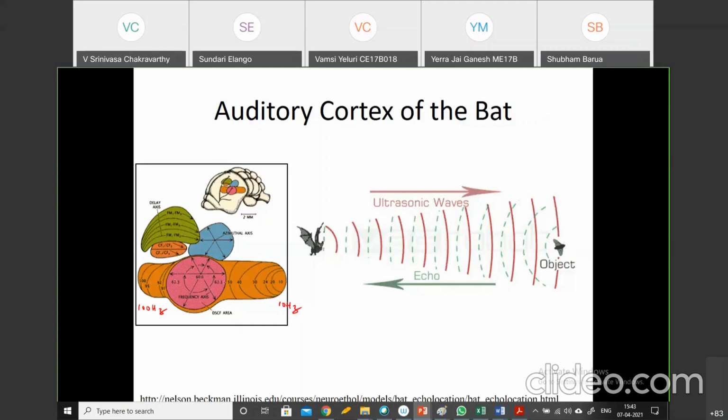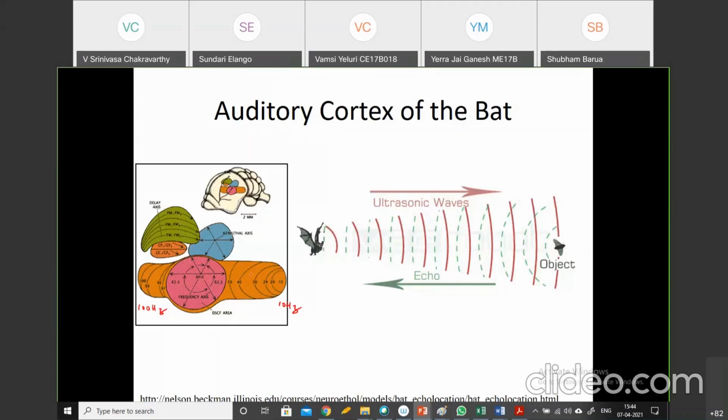So on the flanks, the representation is more linear, but in the center it is more circular. It is possible that in addition to the frequency, it could also be representing the amplitude of that frequency. So it's a pretty sophisticated map.